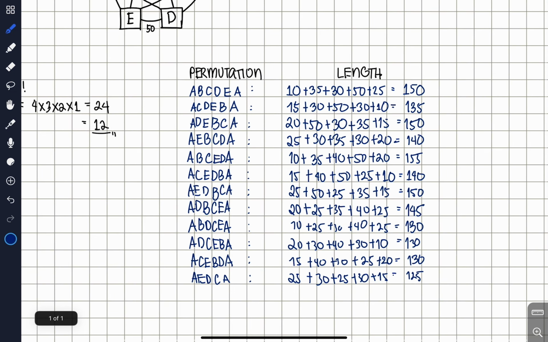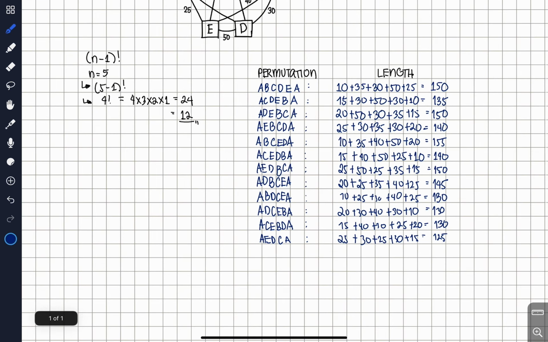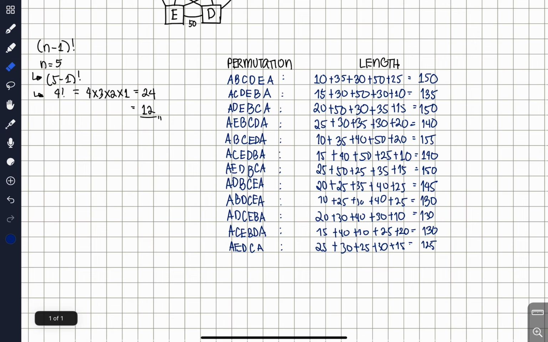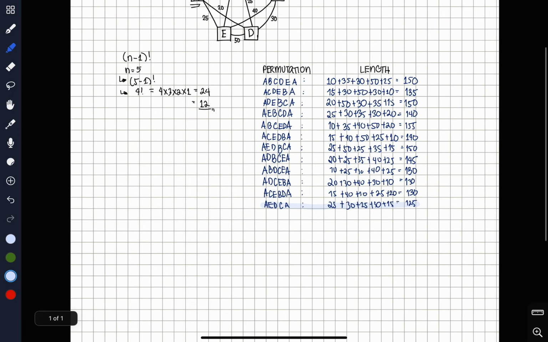We can see that the path A to E to D to C to A has the shortest distance with 125 in total. So we choose this Hamilton circuit as our route for the traveling salesman.